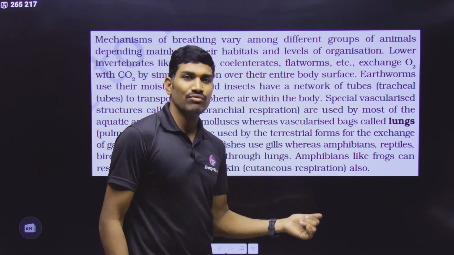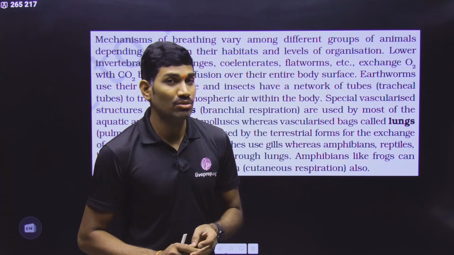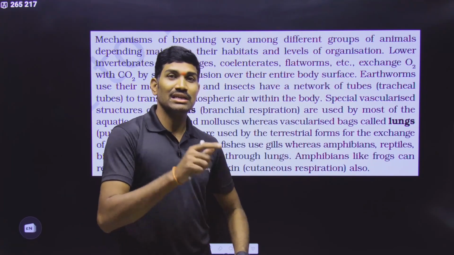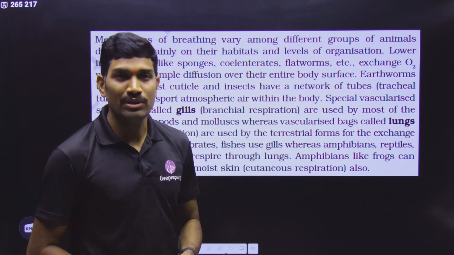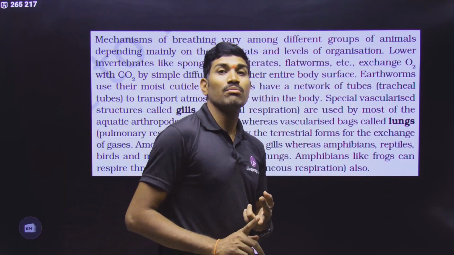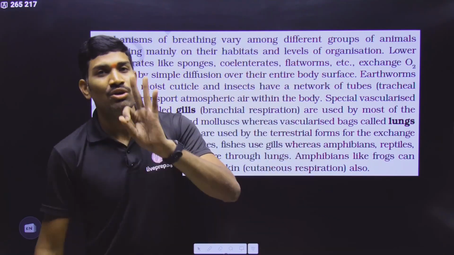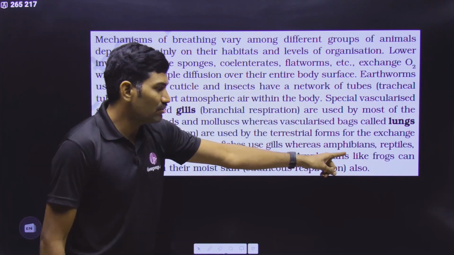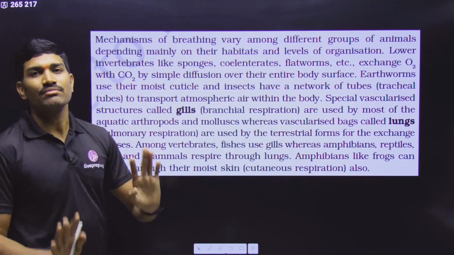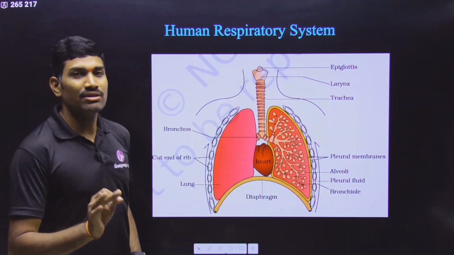So in the case of frog, pulmonary respiration is there, and cutaneous respiration is also there. Not only this, even though it is not mentioned here separately for the frog, in the chapter on structural organization in animals they have mentioned that in the case of frog, buccopharyngeal respiration is also taking place. So all three types of respiration take place in the case of a frog, which is an amphibian. This is the paragraph and its meaning. So please remember each and every word and its meaning.